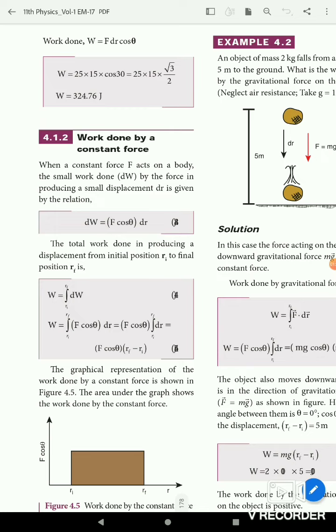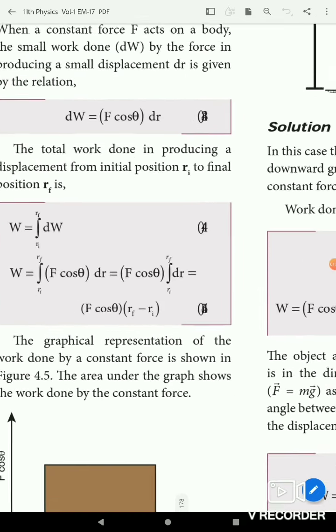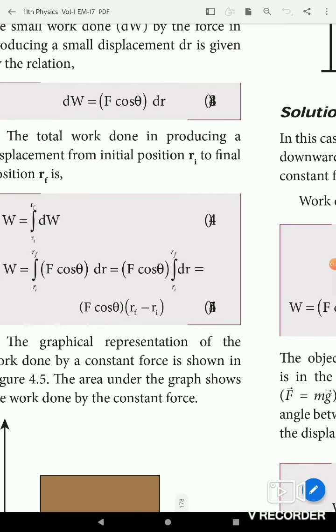So W is equal to integral Ri to Rf F cos theta dr. F cos theta is a constant because it is a constant force, so take it outside of the integral. That is F cos theta integral Ri to Rf dr.